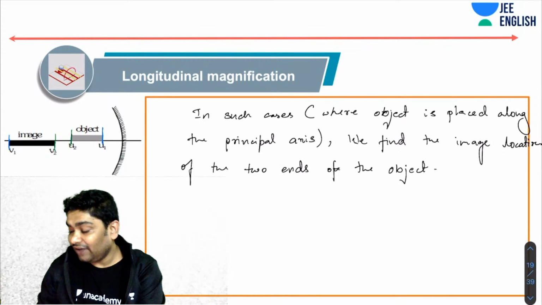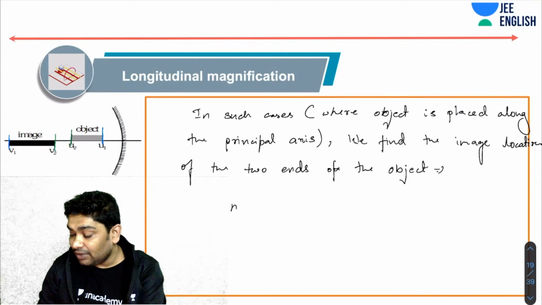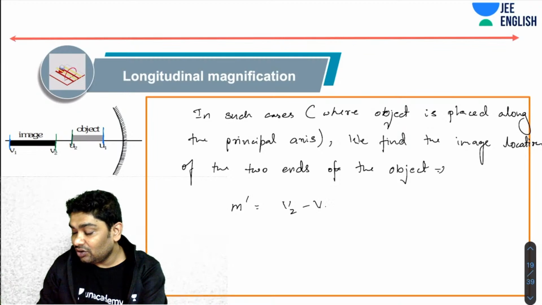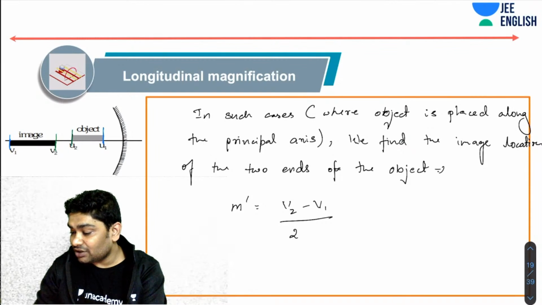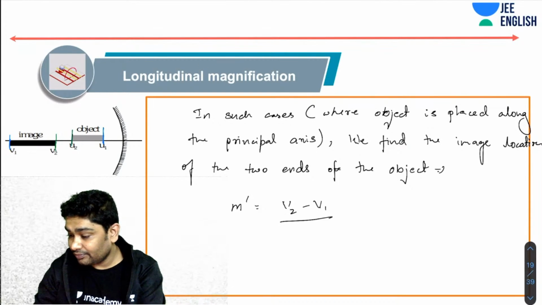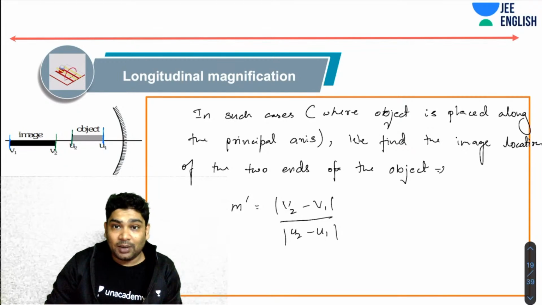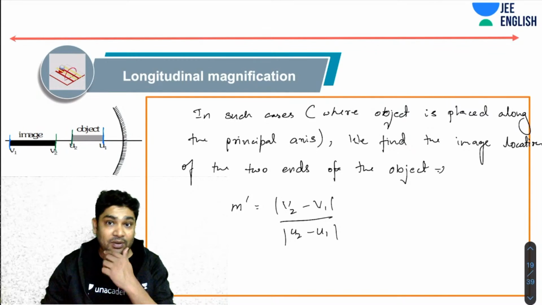Okay, and finally your magnification M dash would be equal to V2 minus V1 over U2 minus U1, with mod signs, of course. So this is how you talk about this kind of longitudinal magnification.